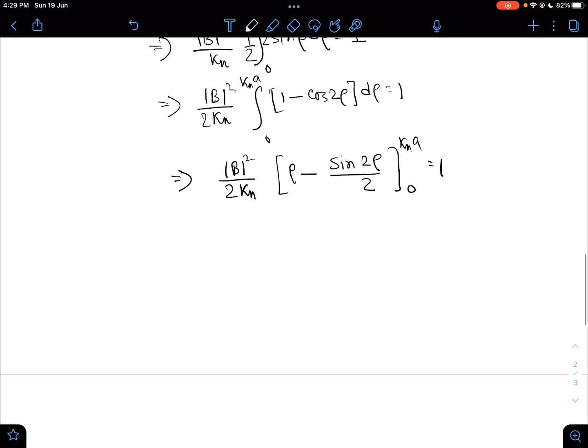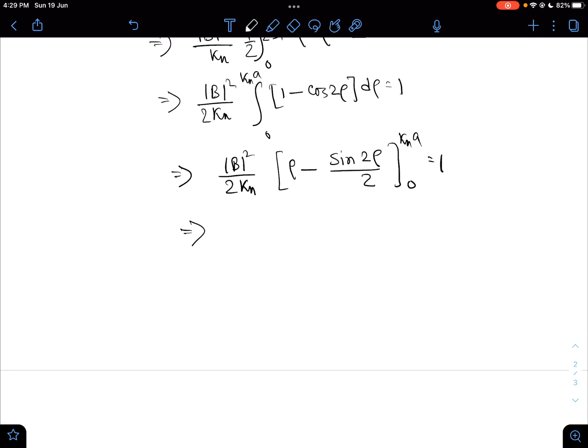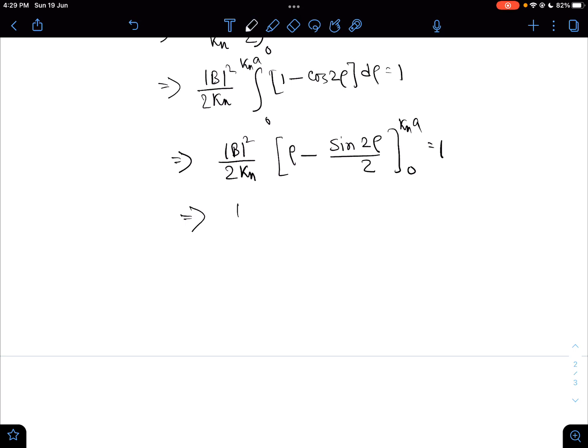So this should be equal to 1. So this will give us b squared by 2kn, and here we will have kna minus sine 2kna by 2.